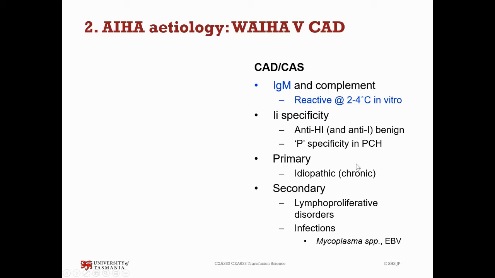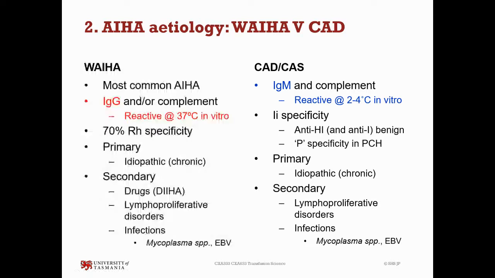Nobody knows why it occurs, but it is also associated with other underlying disorders associated with the immune system, so lymphoproliferative disorders and infections, particularly Mycoplasma species and the Epstein-Barr virus, or the virus that causes glandular fever. Okay, so that's the two together.